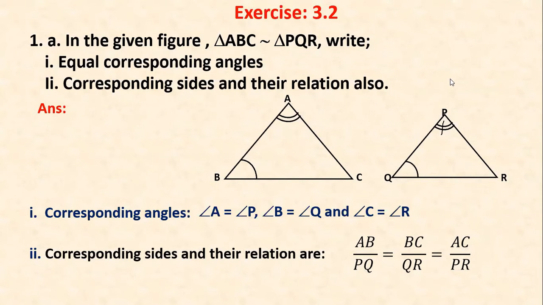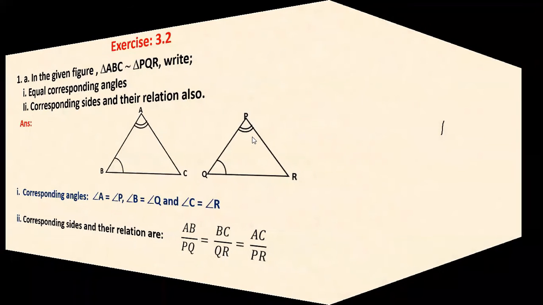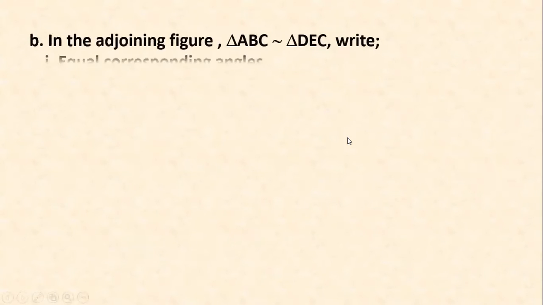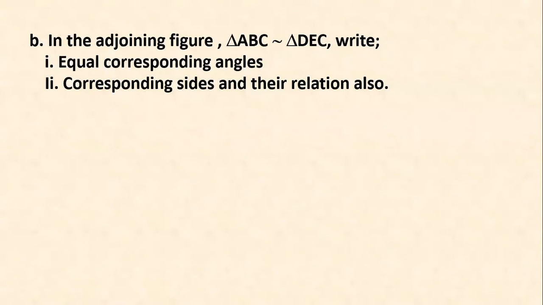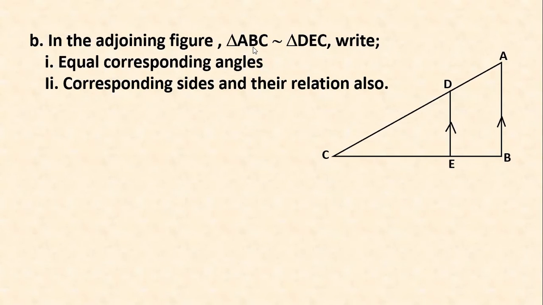Now come to the next number, number B. In the adjoining figure, here also are triangles ABC and DEC. Two triangles are given here. ABC means this one big triangle.